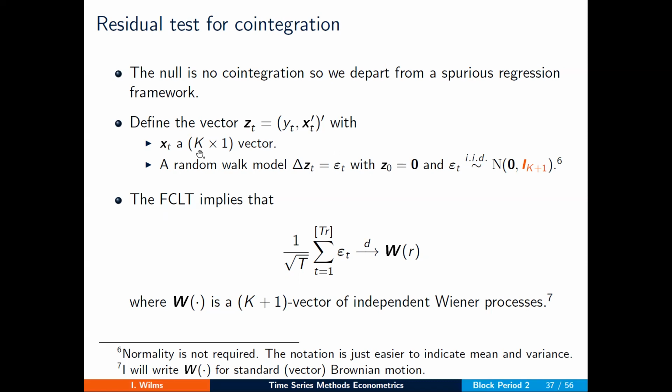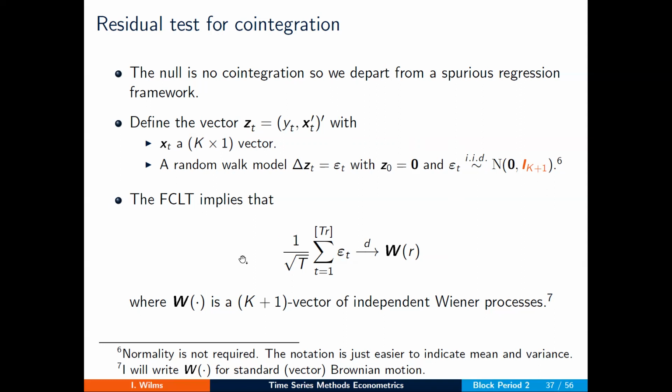So we have in total k plus 1 series among which we would like to test for cointegration. Now, since all series are non-stationary, we have a random walk model for z_t as denoted here on the slide, and we work with this initial condition. Now, in the most simple case, we also say that the error terms are IID normal with no contemporaneous correlation. So we have an identity matrix of dimension k+1.